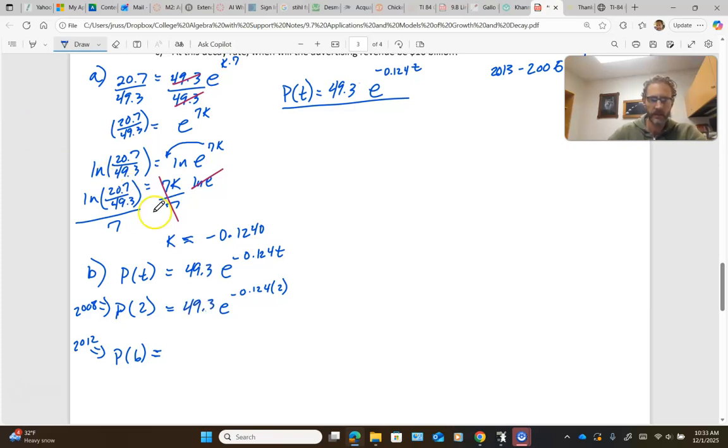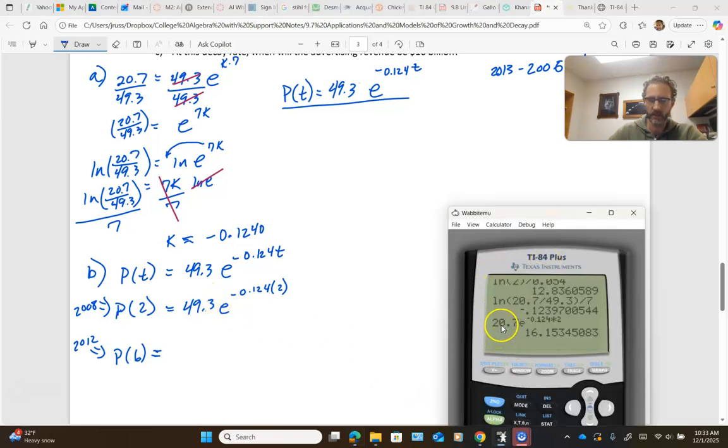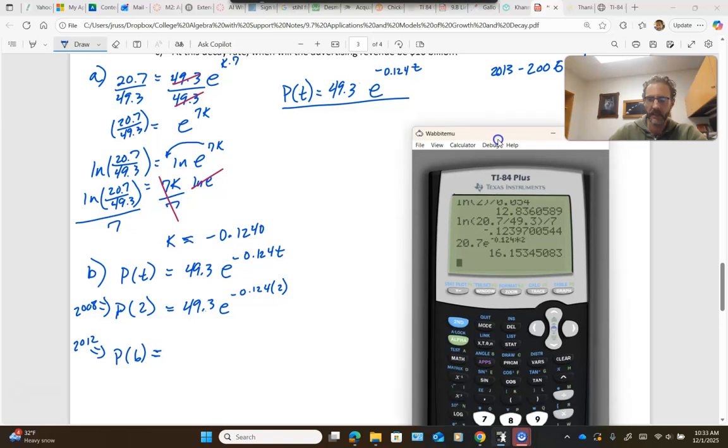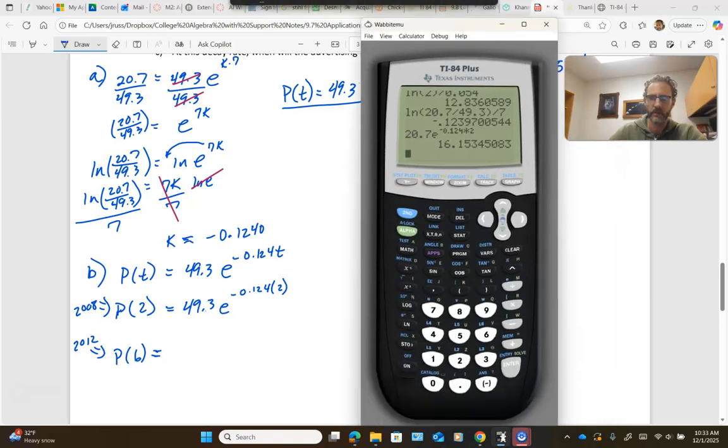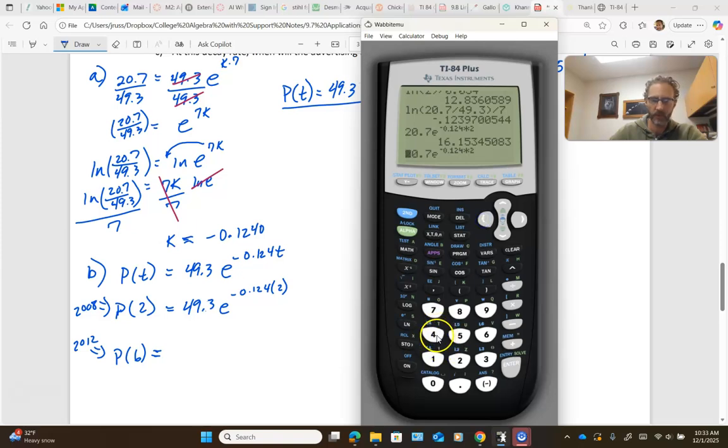Okay. Alright, so you would just type the same thing in, but just don't use 20.7. In fact, what I'm going to do is I'm going to say second entry, and I'm just going to replace that initial value, or initial amount, with 49.3. There we go.